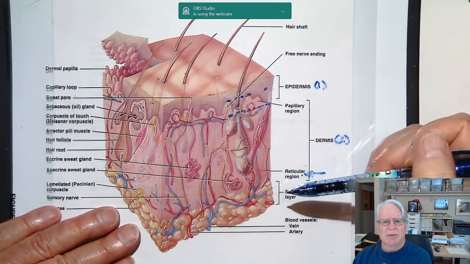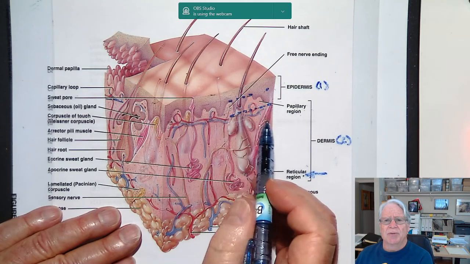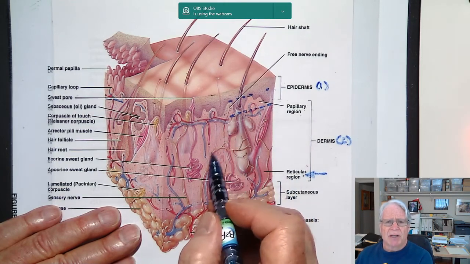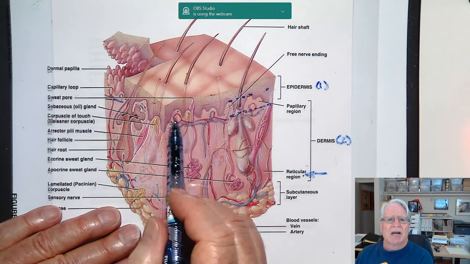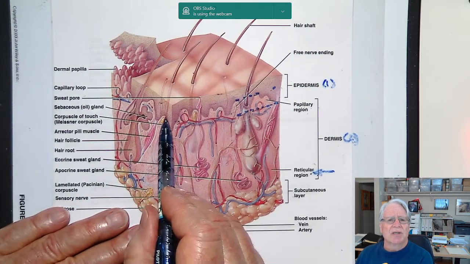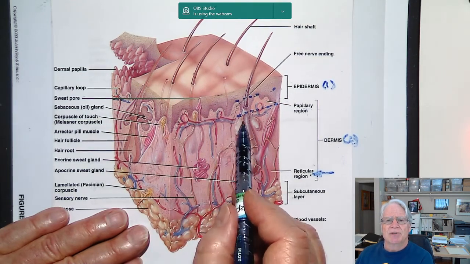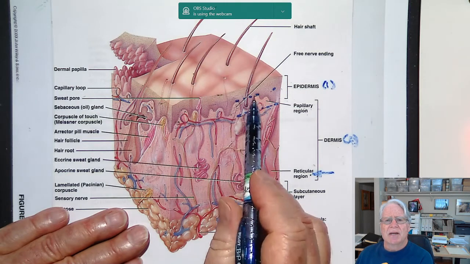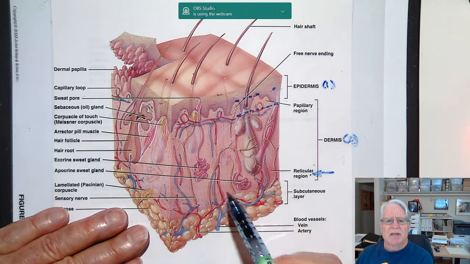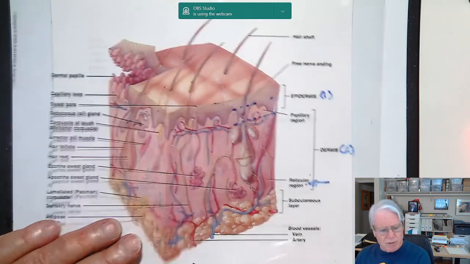We'll be looking at a number of structures, including how it's put together, the various different regions, the papillary region and the reticular region, and how those are different from one another. We'll notice that there are these corpuscles of touch that we see in these epidermal ridges here. And we'll also talk about the hair as a structure and the glands that we find in this part of the skin. So that's where we're going with that.